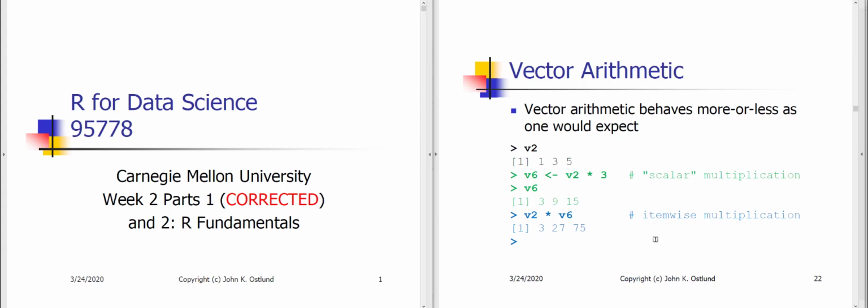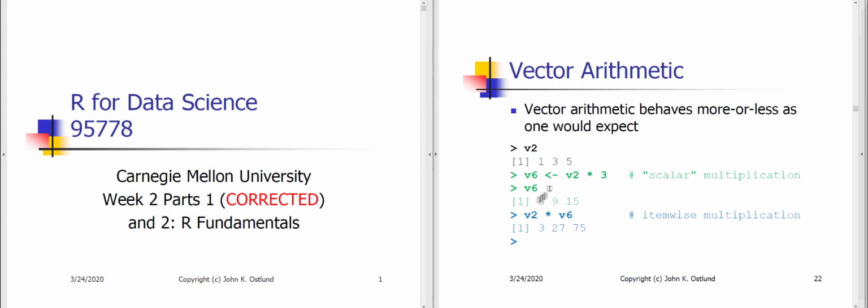We left off on Monday here at slide 22, illustrating the idea of multiplying a vector by a supposed scalar. Actually, this is multiplying a vector times a vector of one item. In this case, that one item gets stretched out to 3 items, the same number of items as are in the vector v2.